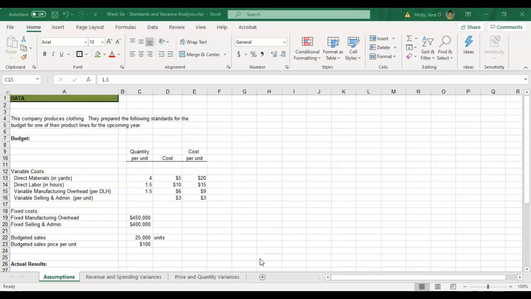Do we go with something called ideal standards, which is, in a perfect world, how much material it would take per unit, or how many hours it should take us? That can motivate, because it can set something for the employees to aspire to, but it can also be demotivating because typically ideal standards are not achievable, just by their nature.